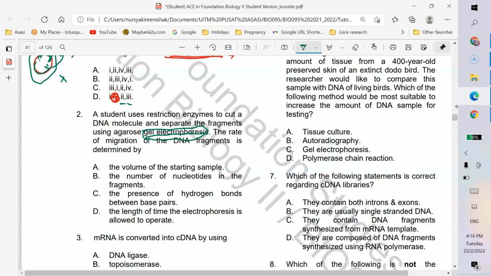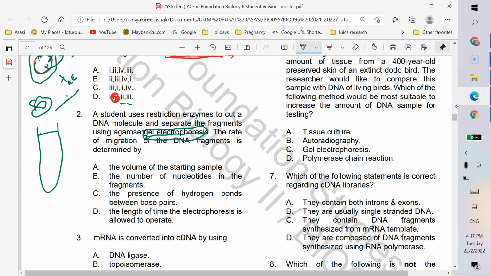So you separate. Okay, you have a source of DNA fragments that you cut using restriction enzyme. So you have many fragments. This source of DNA, we straighten it, and then you cut using restriction enzyme.